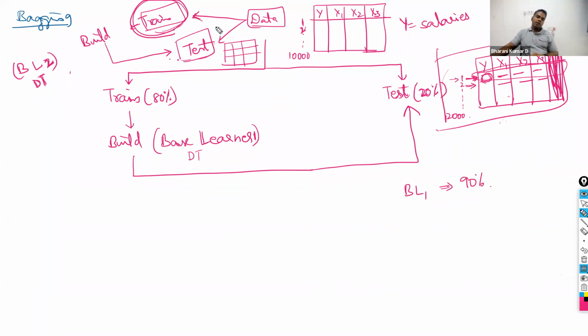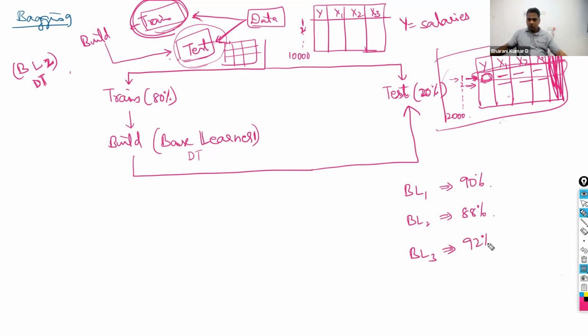Then once again, I split the data into training and test. I train the model. I test it on the test data here. Okay, and I get the overall accuracy for base learner 2. Say we got an accuracy of 88%. Now I try out base learner 3.